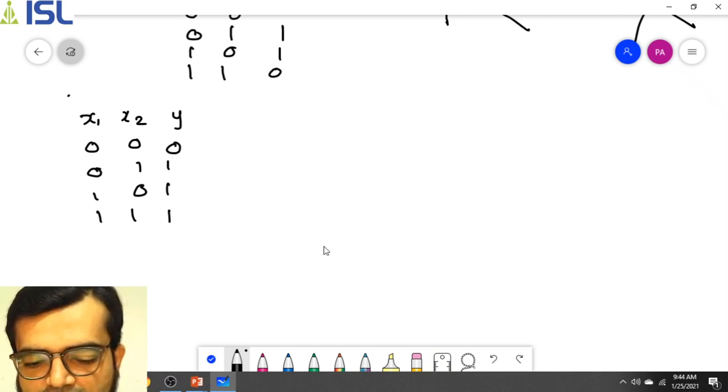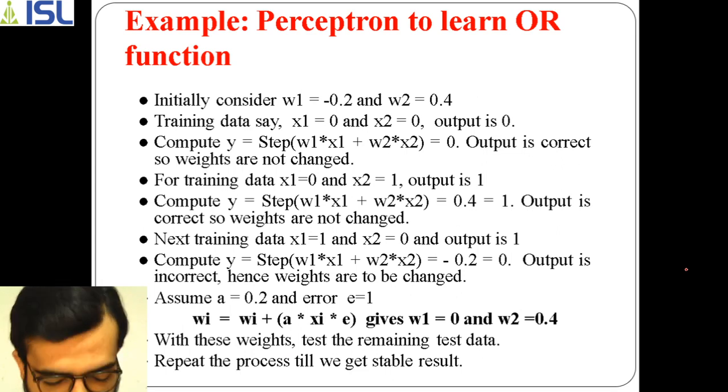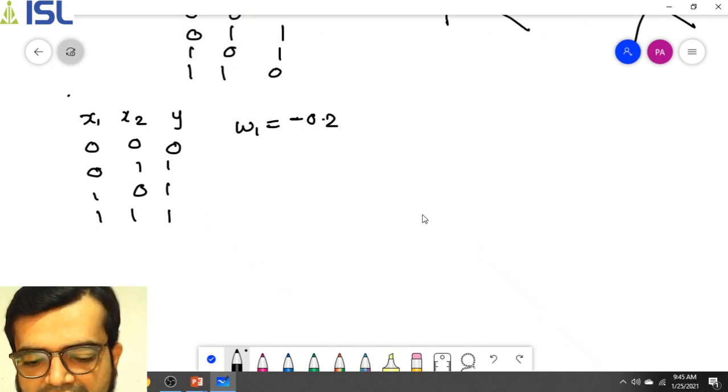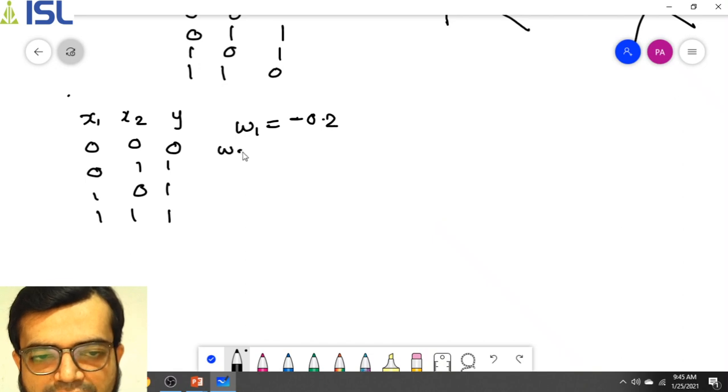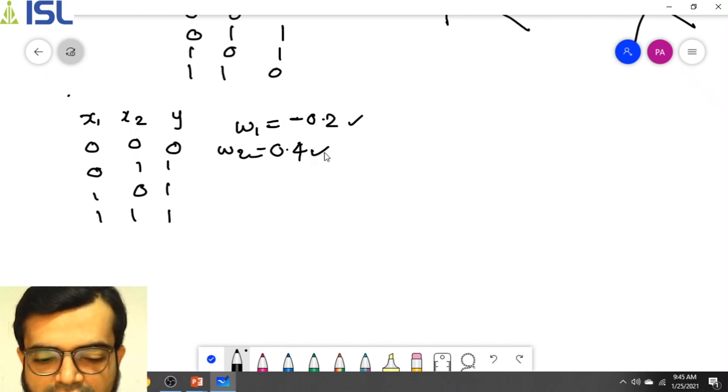Here we also have weight values, which we need to check: w1 is minus 0.2 and w2 is 0.4. So two weights are taken for two inputs, because for x1 there is a weight w1 which is minus 0.2, and for x2 there is a weight 0.4.